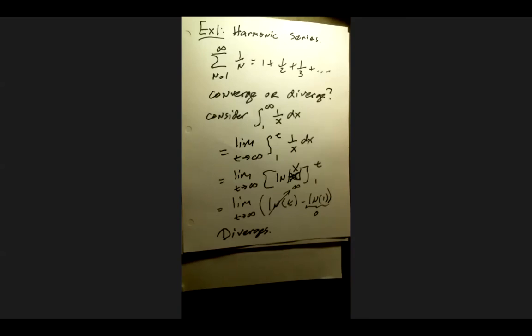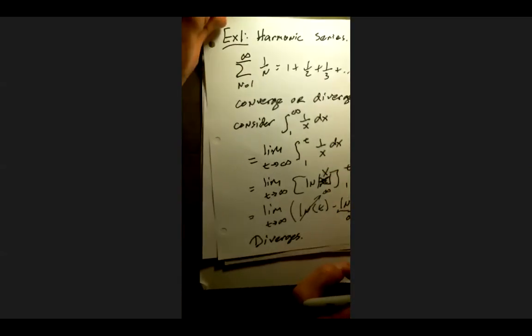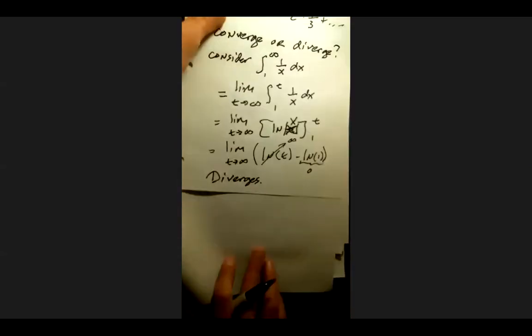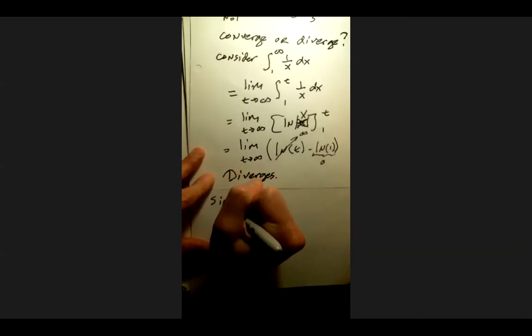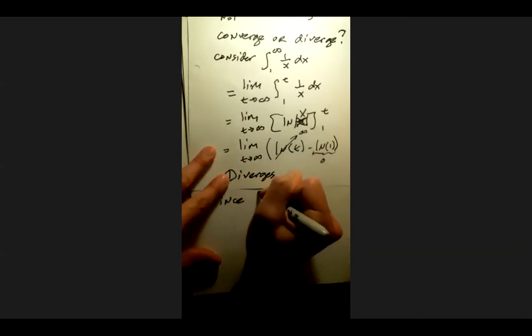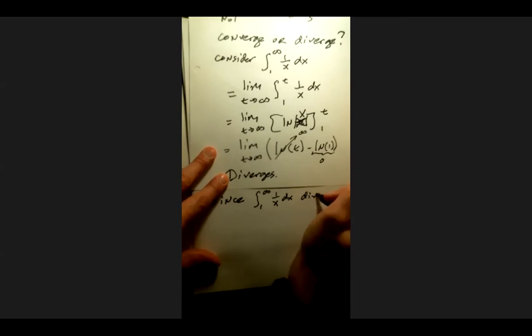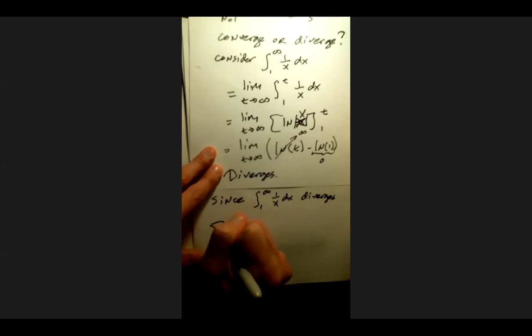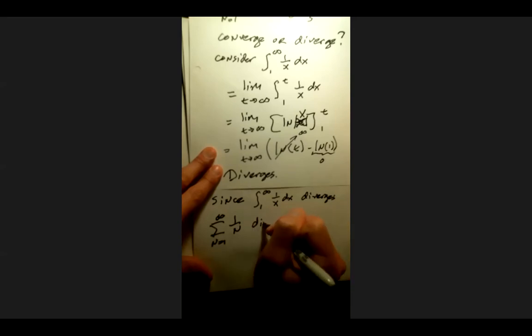Now we have to do one important step. We need to state our conclusion. Since the integral from 1 to infinity of 1 over x dx diverges, the harmonic series from n equals 1 to infinity of 1 over n also diverges.